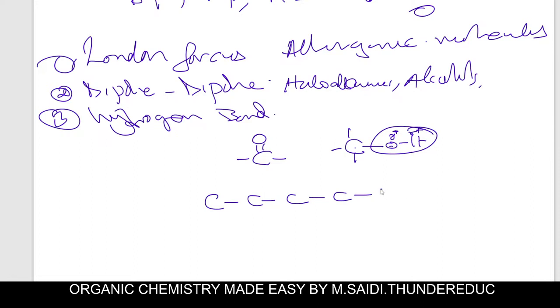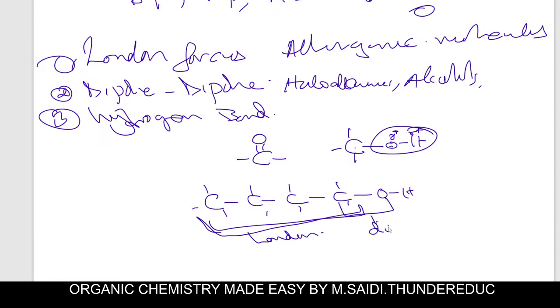So if this is alcohol, these are non-polar atoms. Therefore, we're going to have London force here and here. But here and here, we're going to have dipole. And then here and this, we're going to have hydrogen bonds.